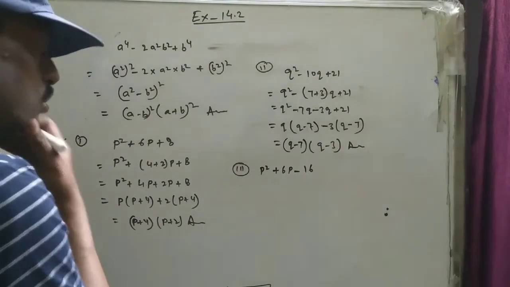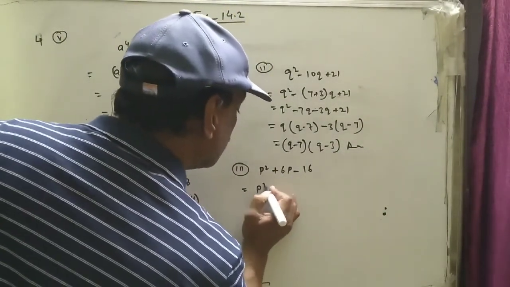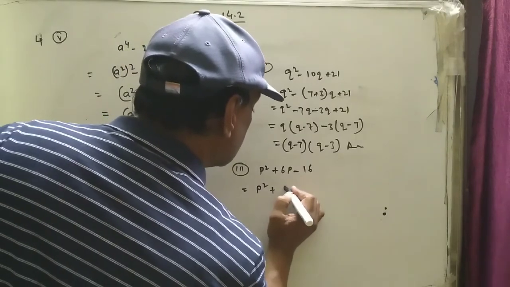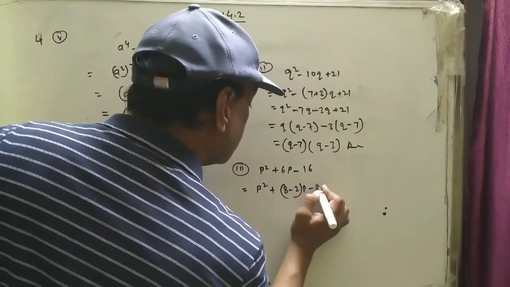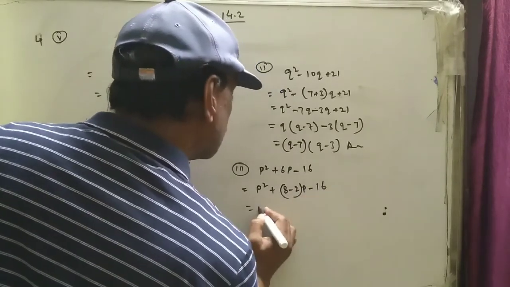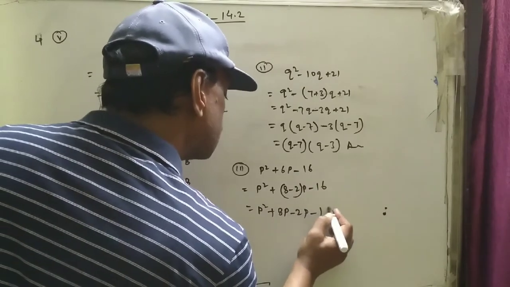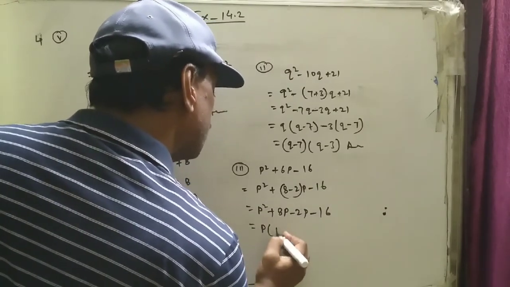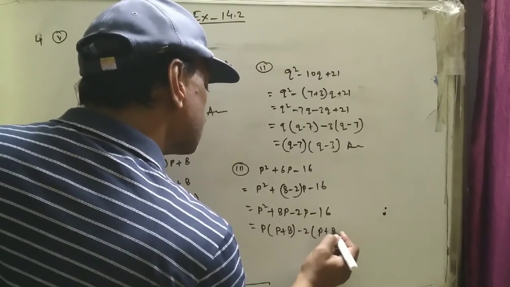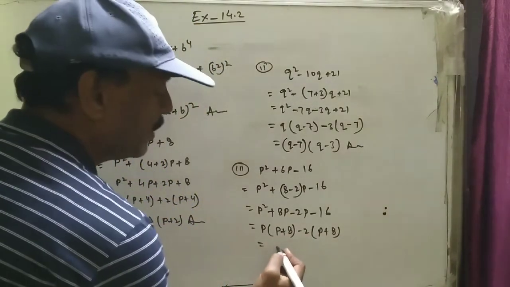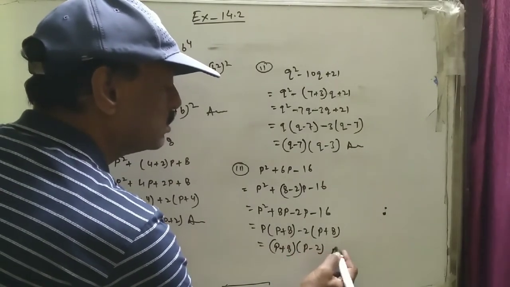So 8 minus 2 is 6, 8 times 2 is 16. So p square plus 8p minus 2p minus 16. p is common, so p plus 8, minus 2 common, so p plus 8. So this will be p plus 8 and p minus 2.